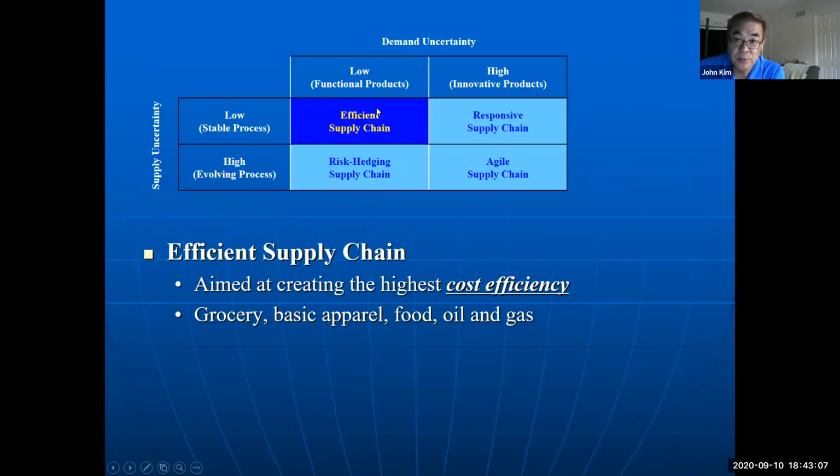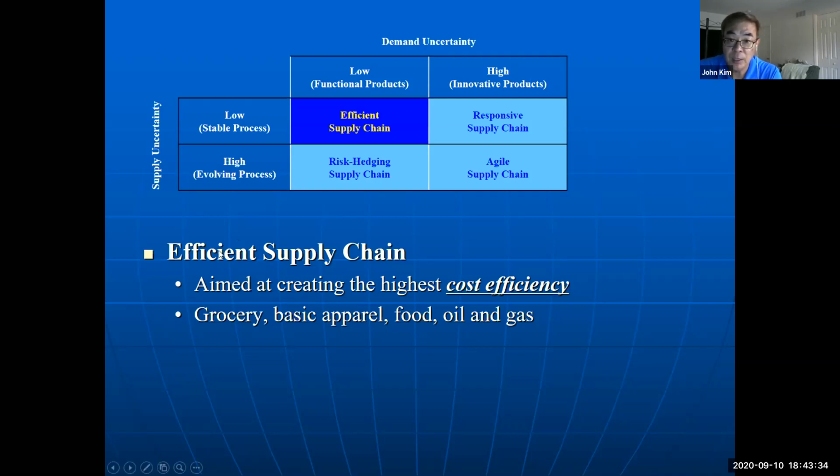First dimension, low demand and supply side uncertainty. That means anytime we can get a supply easily and cheap, and then sell anytime because there is demand. So don't worry about it, just try to make it cheaper.